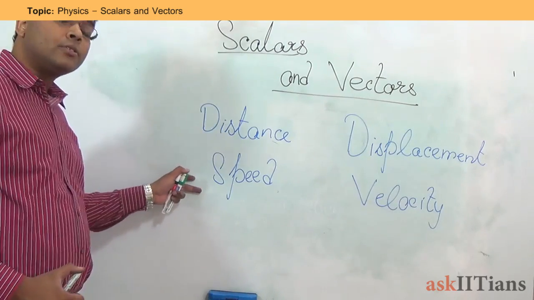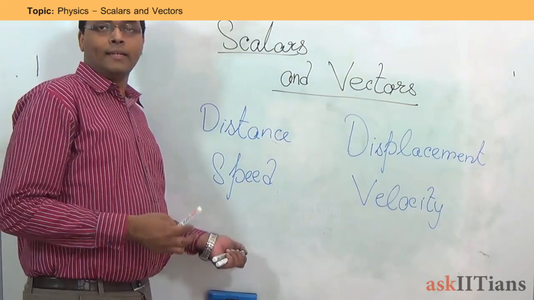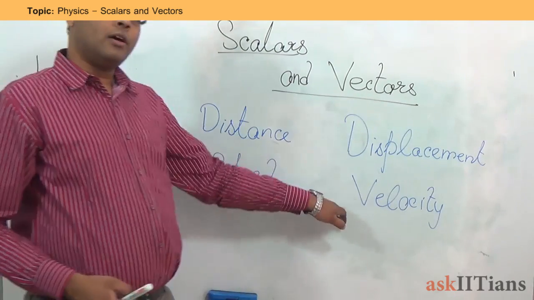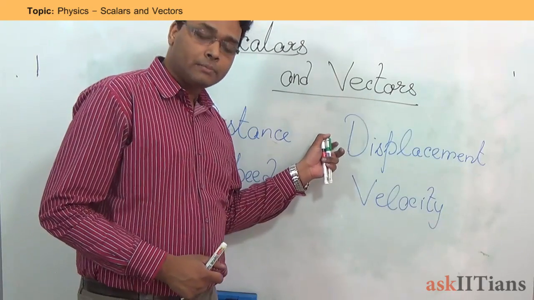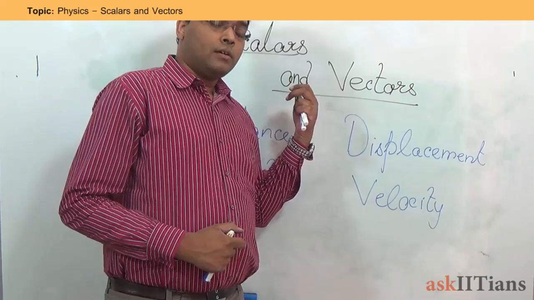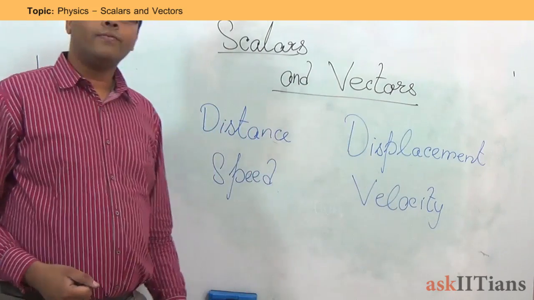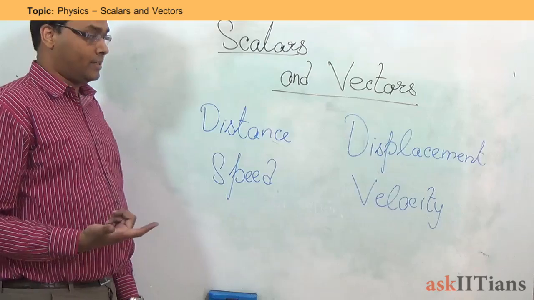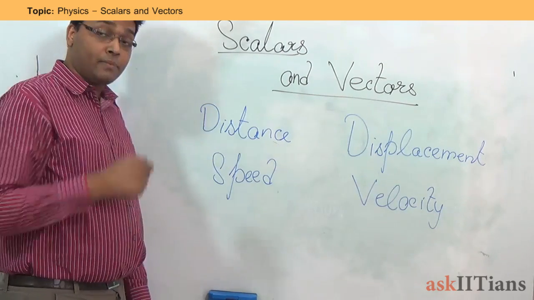This does not depend on direction, but it depends on the path taken and the time taken. Velocity is a vector quantity. It depends on the displacement, and therefore it's a vector quantity. Velocity is equal to the rate of change of displacement per unit time. That was the rate of change of distance, this is the rate of change of displacement.